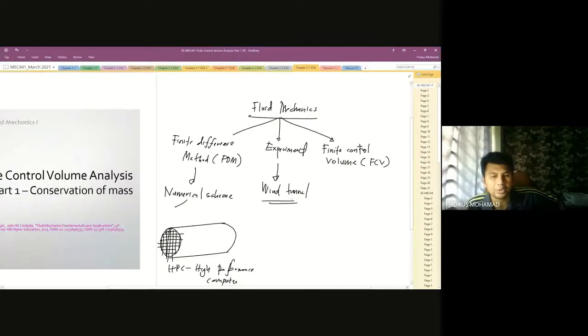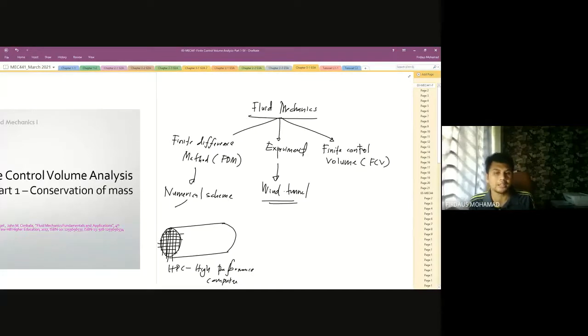A wind tunnel is used in order to obtain the forces and moments around a body. Let's say we want to determine the drag of a car, how much the drag coefficient is for the new design car. So we can use a wind tunnel in order to get that coefficient. Of course that coefficient is based on forces, which is drag or lift coefficient.